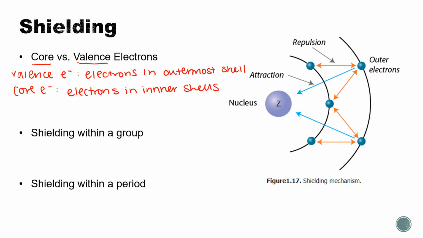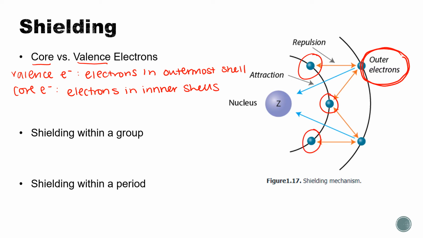So what we need to understand about shielding is that the electrons are negatively charged and the nucleus is positively charged. So the electrons that are in the cloud are going to be attracted to the nucleus. But the outer electrons, our valence electrons, are going to have a harder time getting to the nucleus because of the inner electrons that we see.